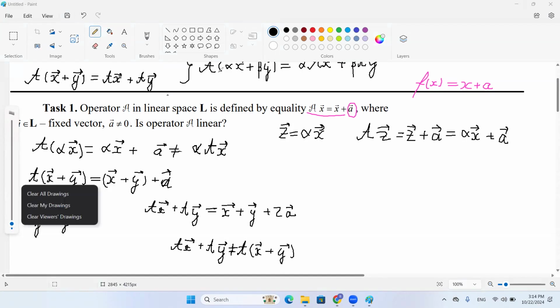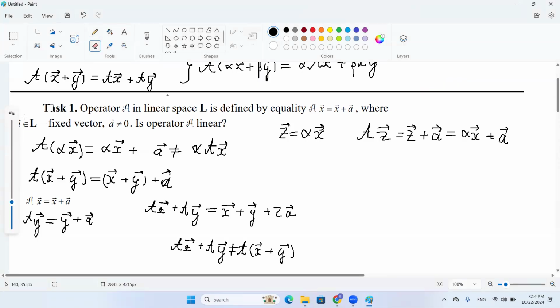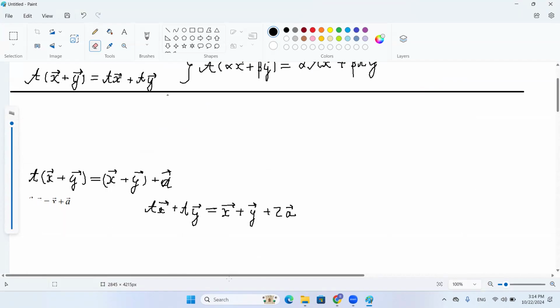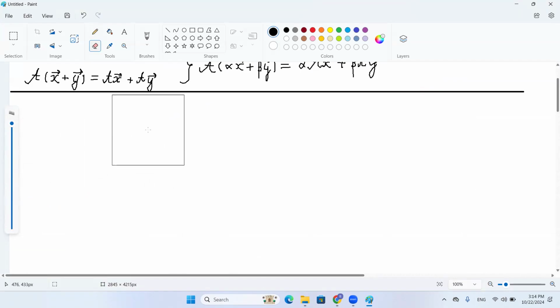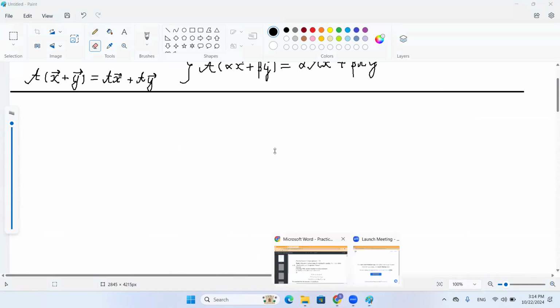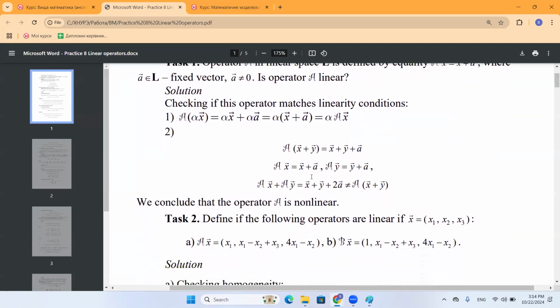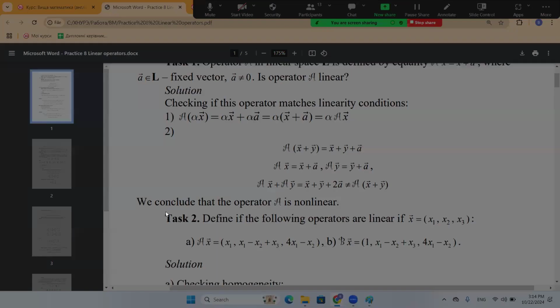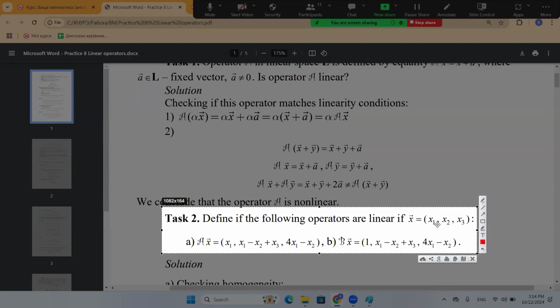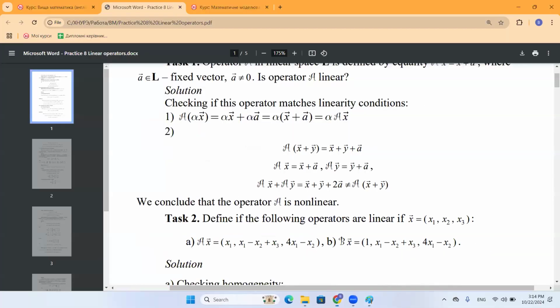Okay, no questions. So the next task will be analogical to task one, and I believe it will be easier for you because we will work with non-abstract vectors, but with more exact ones.